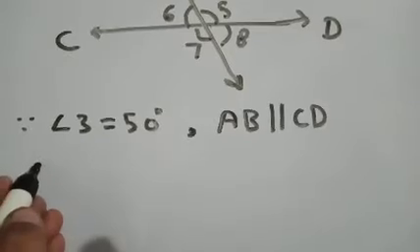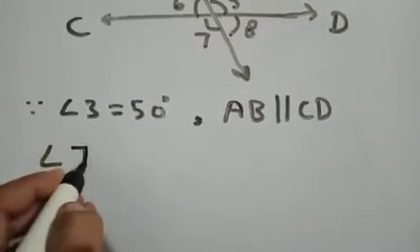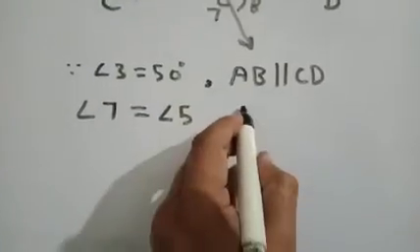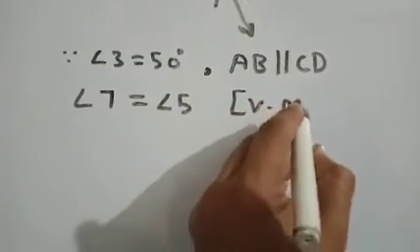Again, angle 7 is equal to angle 5, vertically opposite angle.